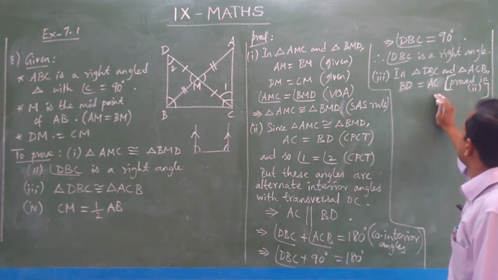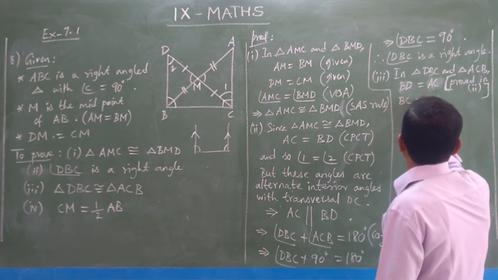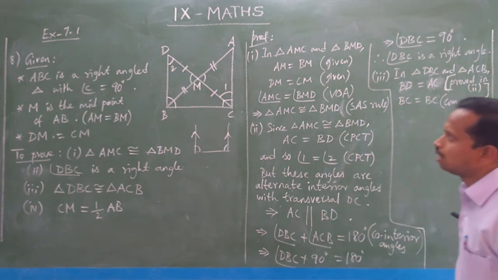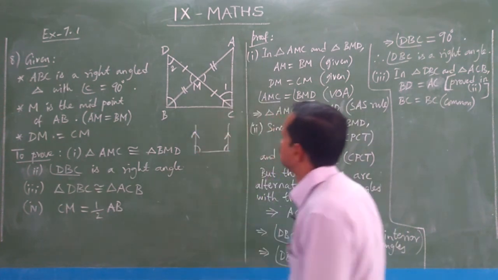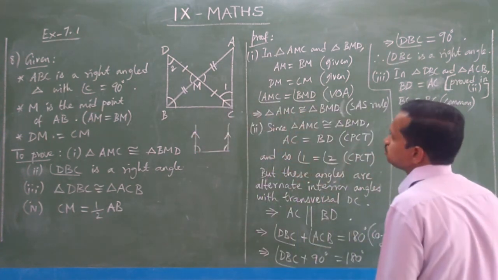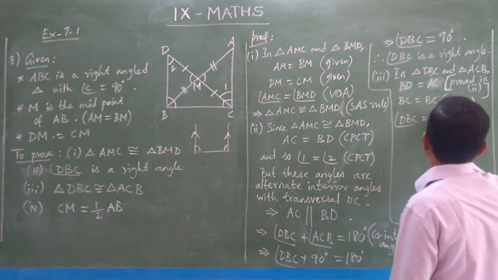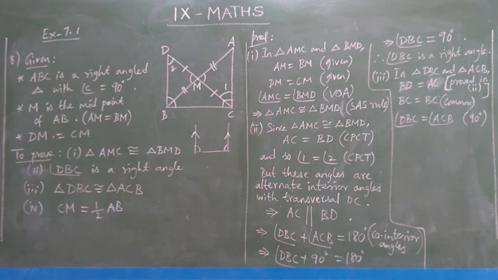Then BC equal to BC, the common side. And one more thing, both angles are 90. First in DBC, angle DBC, already we have proved it, so angle DBC is equal to angle ACB, both 90. So two pairs of sides and one pair of angles are equal. So SAS, the two sides and the included angle.